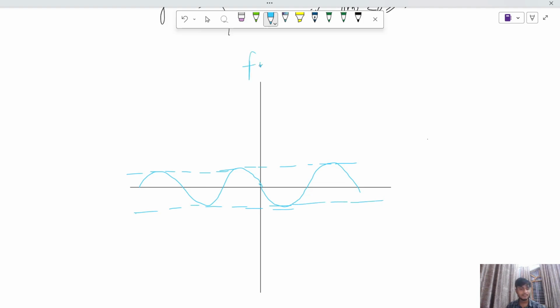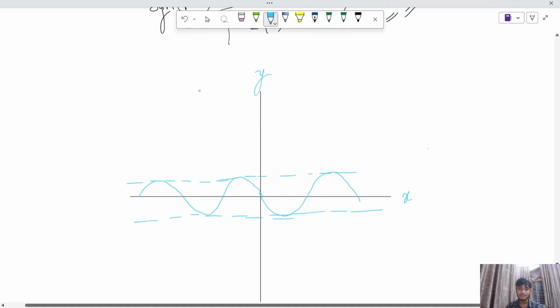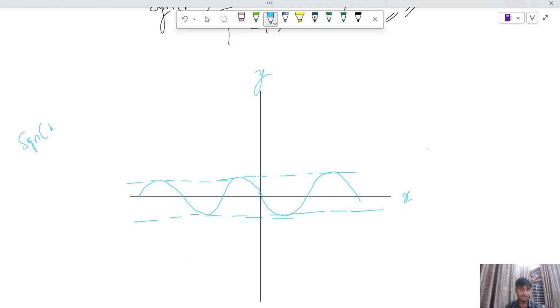Let's not call this f of x; let's call this y of x, because we are doing signum of sin of x, which looks interesting, or complex, maybe you can say.